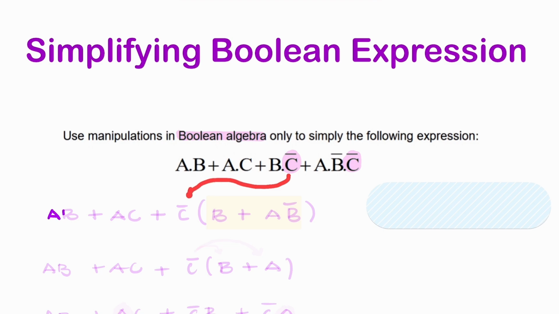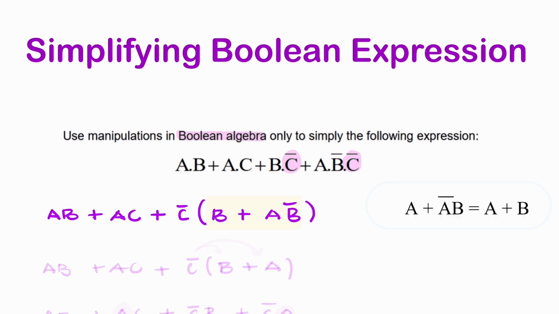So I've got AB plus AC, that's the first two terms. Now I'm going to take not C as a common factor, and that leaves B plus A times not B. And that reminds us of a Boolean law, or law of Boolean algebra, that allows us to simplify expressions that look like this.